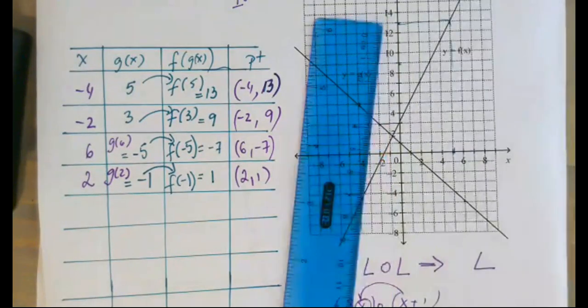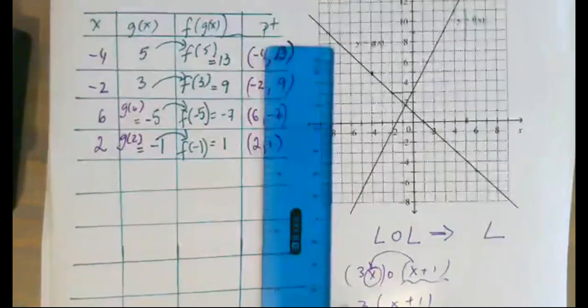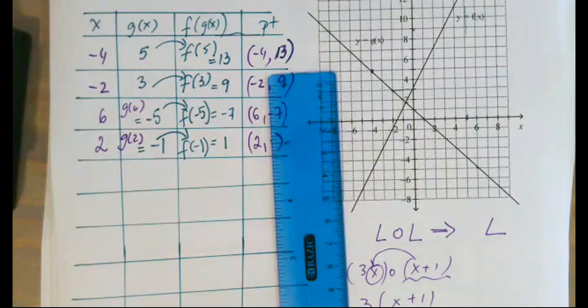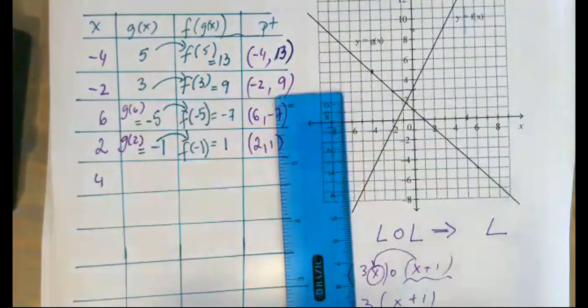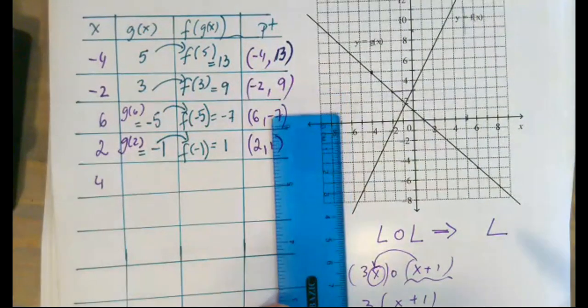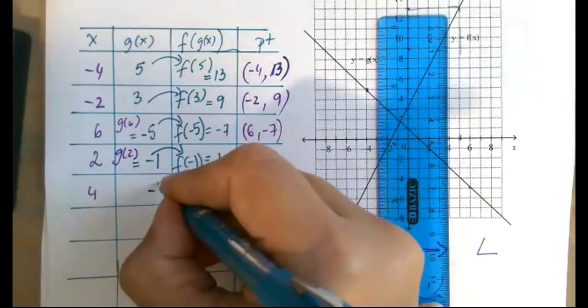Anybody else wants to try it? Four. 4. Okay, let's do 4. So the first step is g of 4. -3.